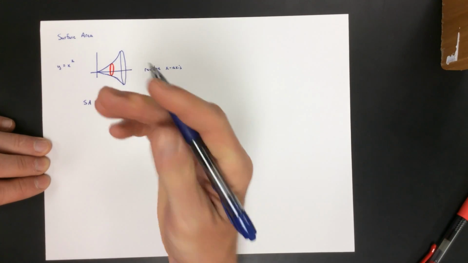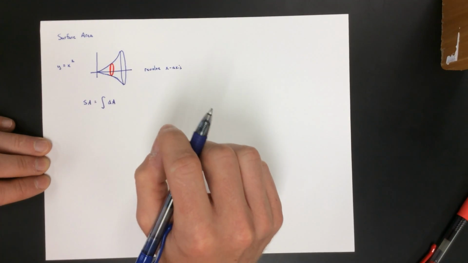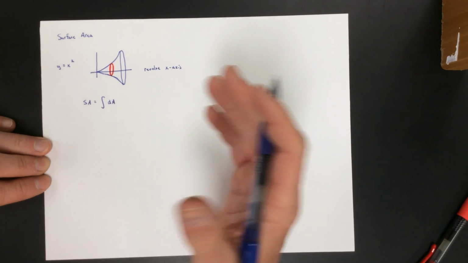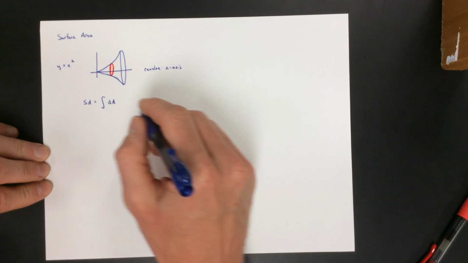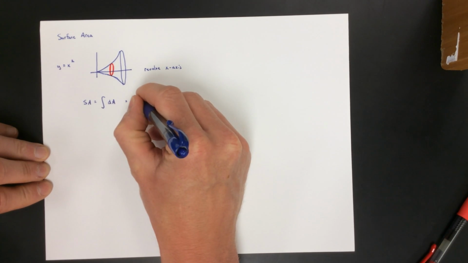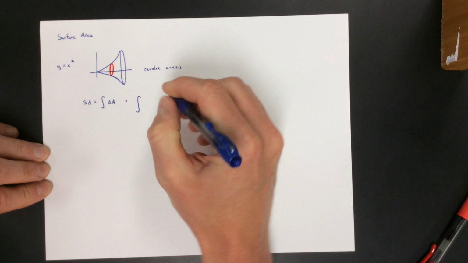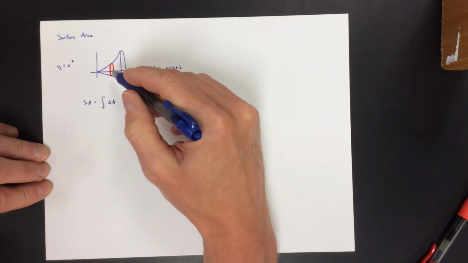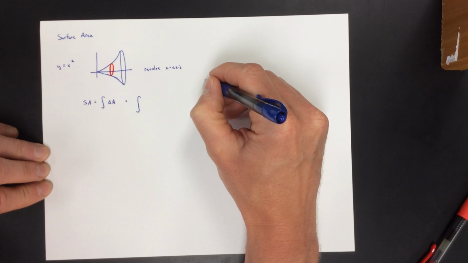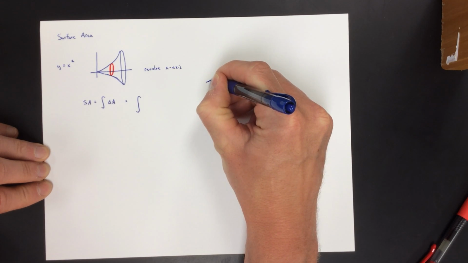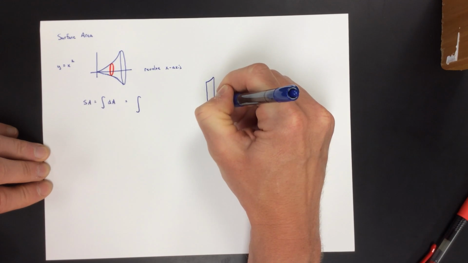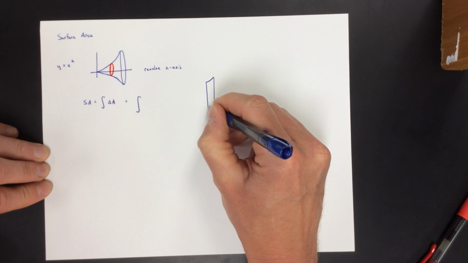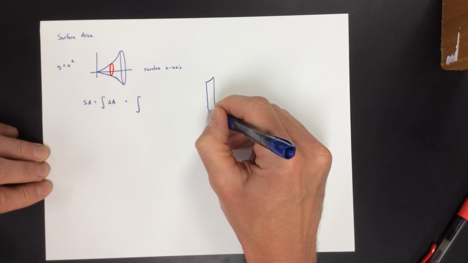Okay, and then what is the surface area of each ring? If you think about that for a second, each ring, if you slice it and unravel it, is going to have this curved part here, something that kind of looks like this, and then a curved part down there.